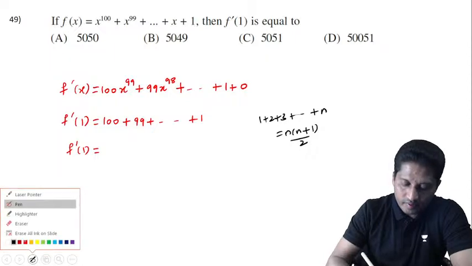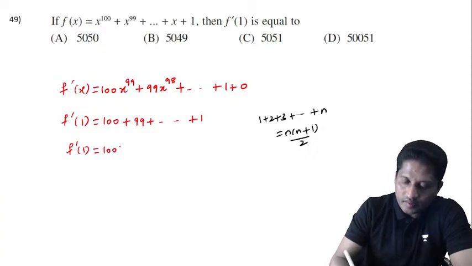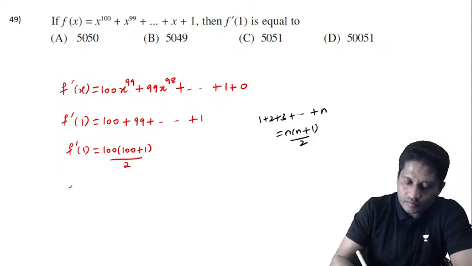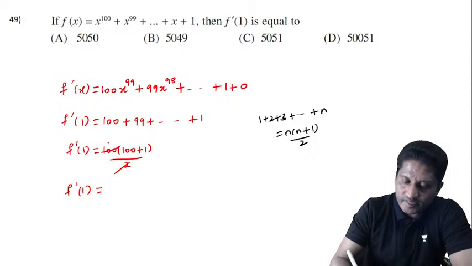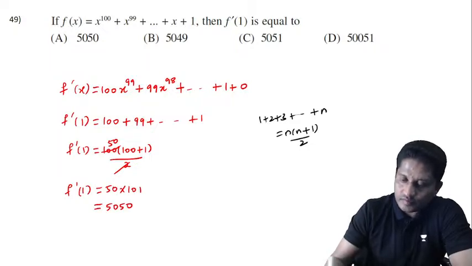One to 100 will be equal to 100 into 100 plus 1 by 2. F dash of 1 is equal to, this will be 50 into 101, which is 5050. Right, answer is option A.